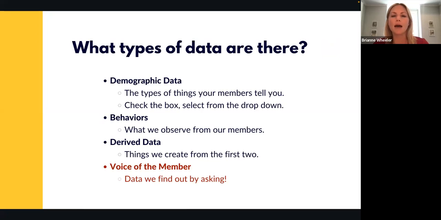And then you also have behaviors, what we observe, and then the derived data is something that we create from the first two. So you can say, okay, this person has been in their practice for 20 years, or they have this title, for example. That's a demographic piece of information.